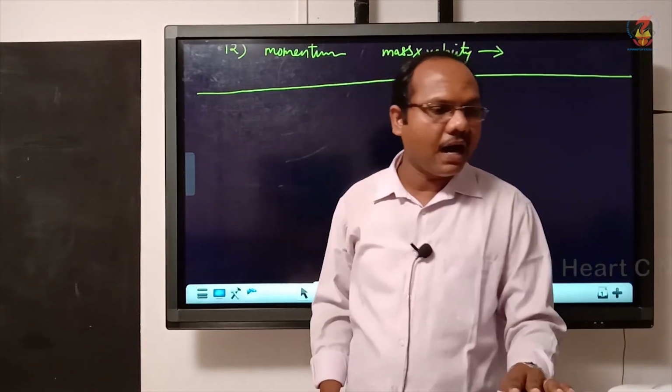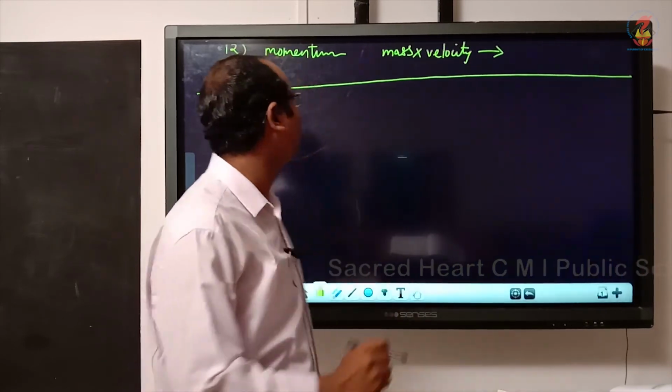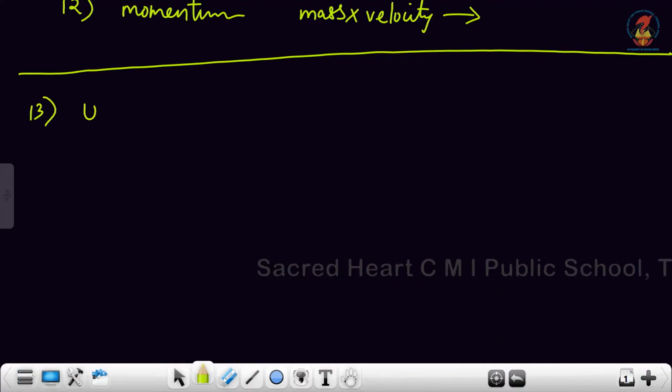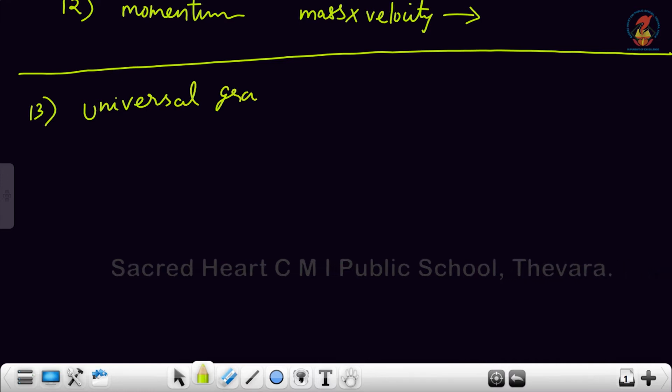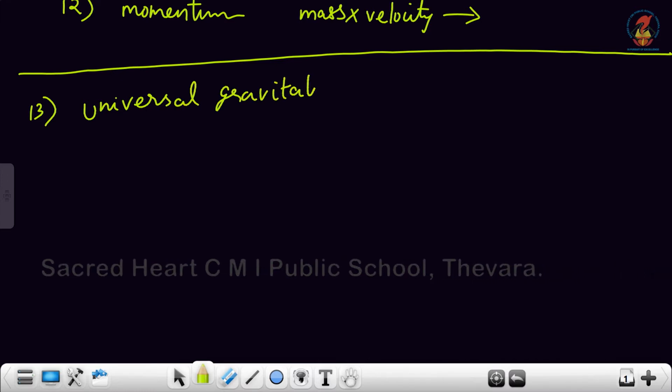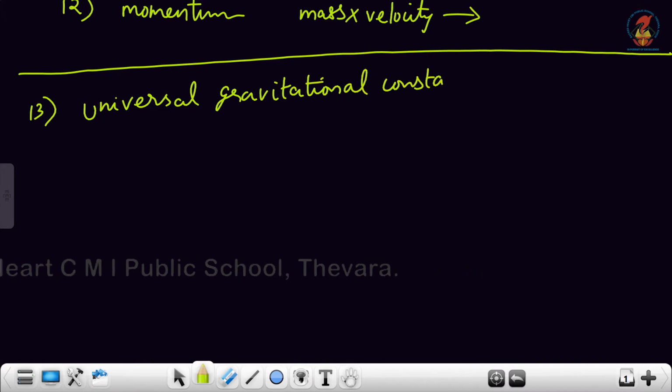Now let us see how to find the dimension of the universal gravitational constant.